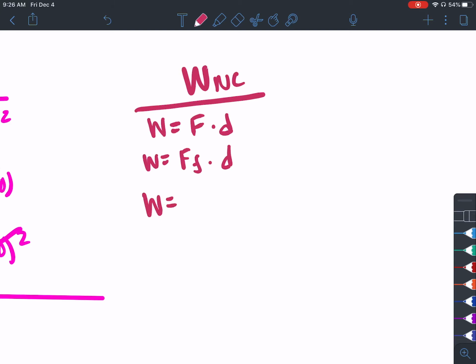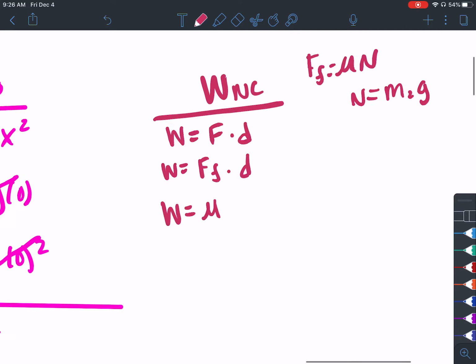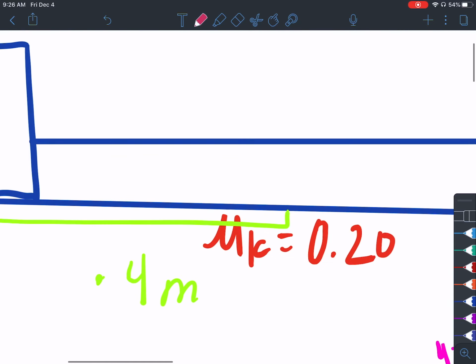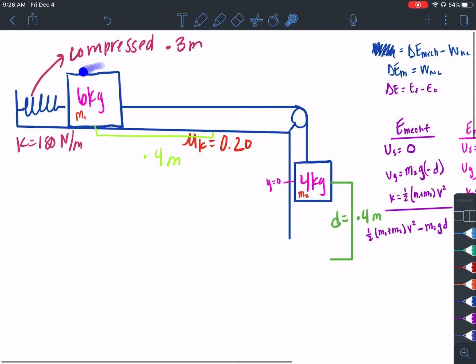The force of friction, we know is going to be mu n, but in this case, our n is going to be m1g, and that's because the block that's actually going across the friction surface is this block right up here, m1.